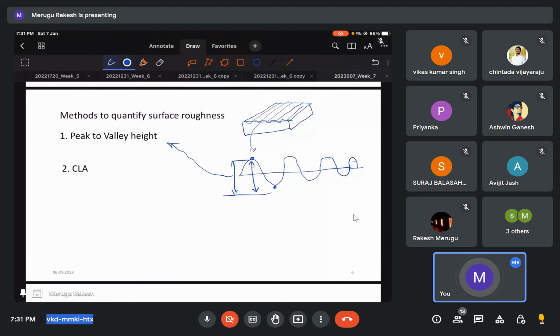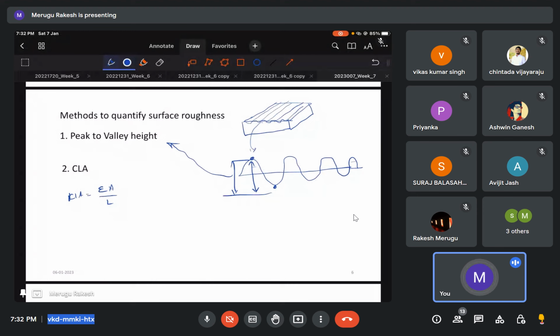Then comes the central line average method. Does anyone remember the central line average method? Sum of the distances to the number of points. Sum of the area divided by length. Sum of the heights from the mean line irrespective of their signs.